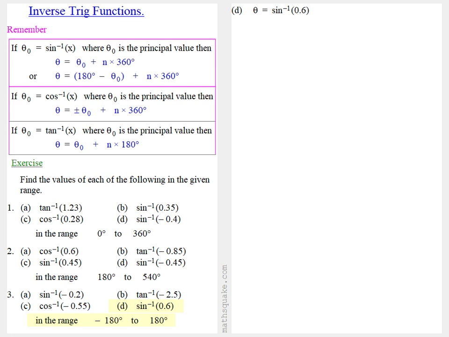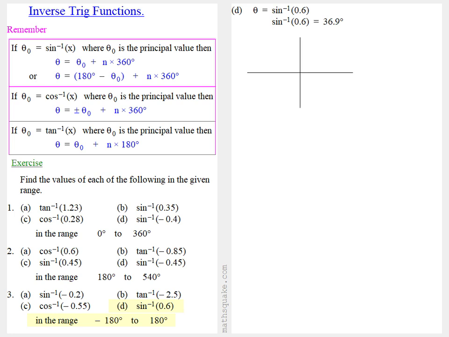Now, in part 3D, we're asked to find the inverse sine of 0.6 in the range minus 180 degrees to 180 degrees. Well, the first thing we do is we use our calculator to find the value of the inverse sine of 0.6, and that comes out to be 36.9 degrees when rounded to 1 decimal place.